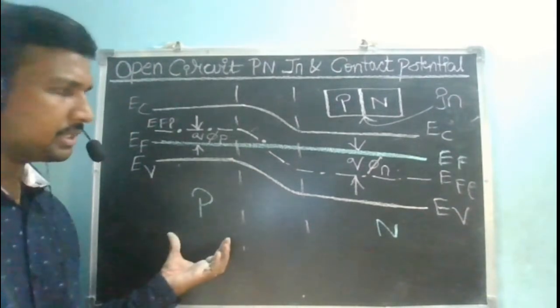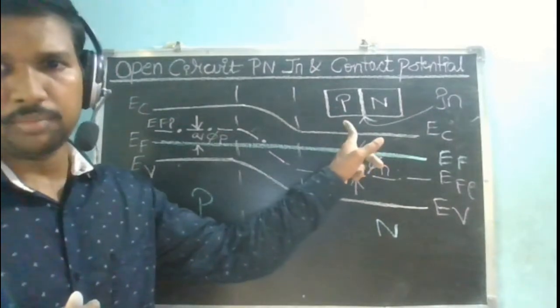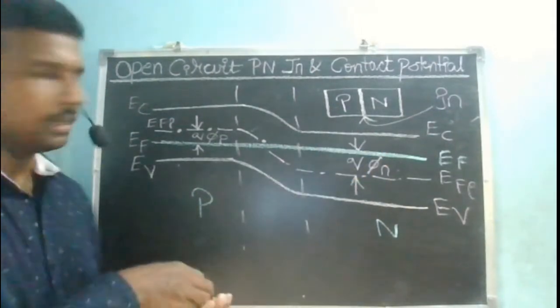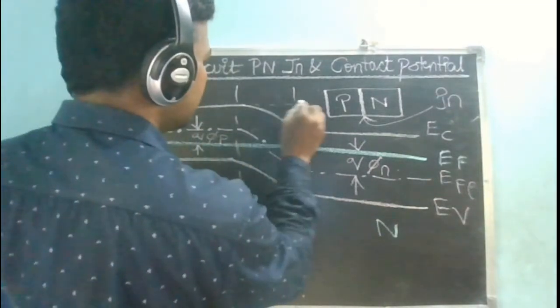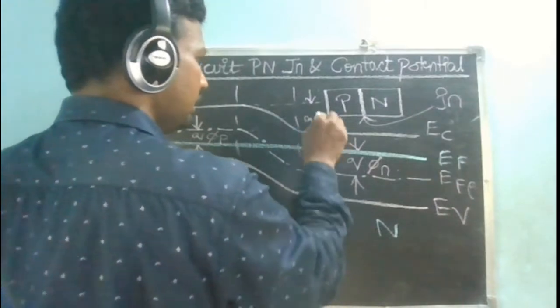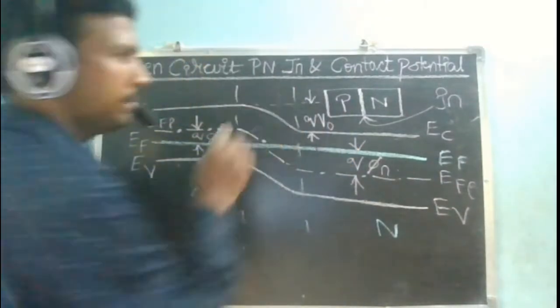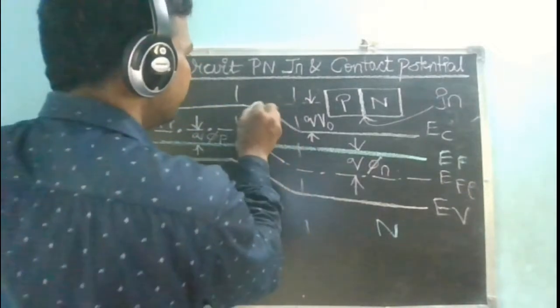The interpretation is that individually P type and N type semiconductors were taken. When a junction is formed, a built-in potential is going to exist. Where is my built-in potential? It is this. Q times V naught is my built-in potential.